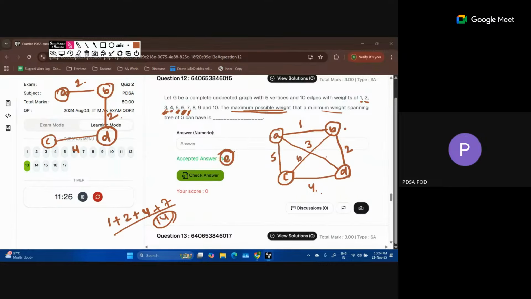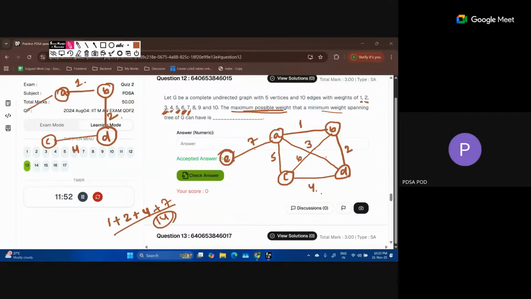Is there any way I can put the edge with weight 7 so that it will be ignored? No, because the only possible way we can connect the nodes is to connect E with one of the other nodes. So E to A or E to B or E to C or E to D, whatever. The edge with weight 7 must be connecting E, and E is not already in the minimum spanning tree.